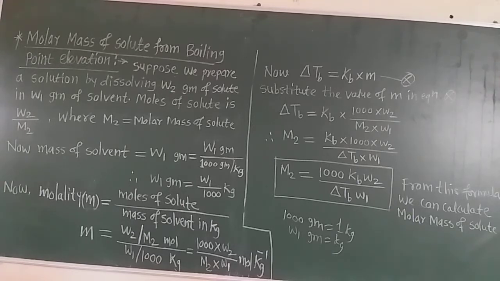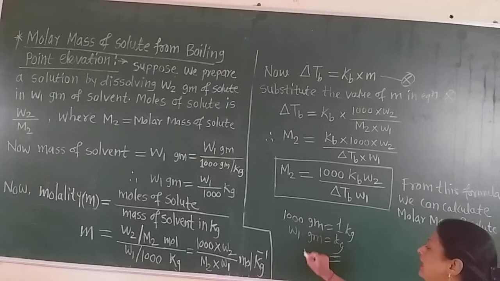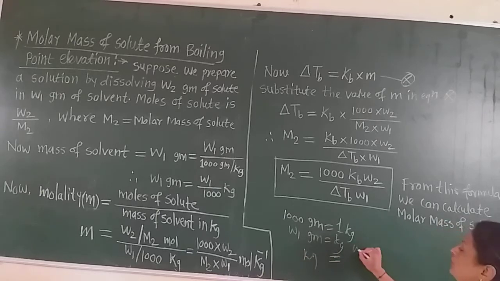Now see on the blackboard here. W1 gram is equal to, now cross multiplication, W1 into 1 kilogram is equal to this. In kilogram, it is equal to W1 divided by 1000.